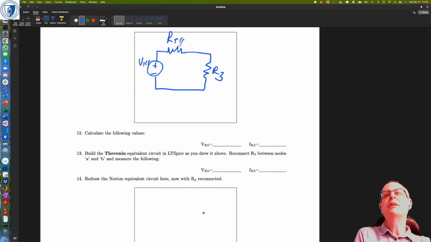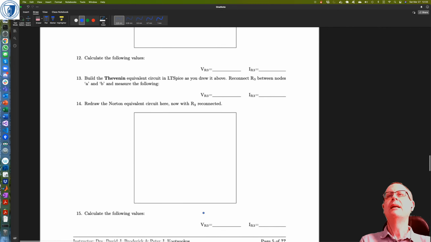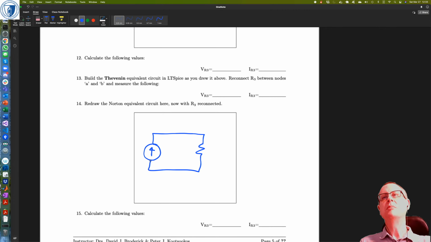Then do the same thing again, but this time doing it in LT Spice rather than calculating it, and then redraw the circuit using the Norton equivalent and put R3 back in place.